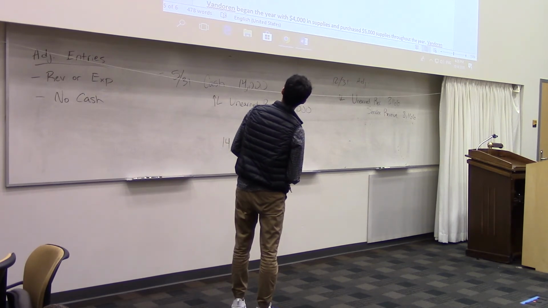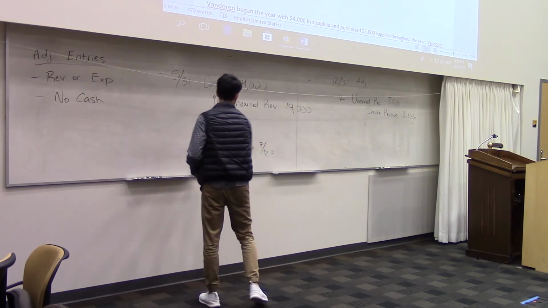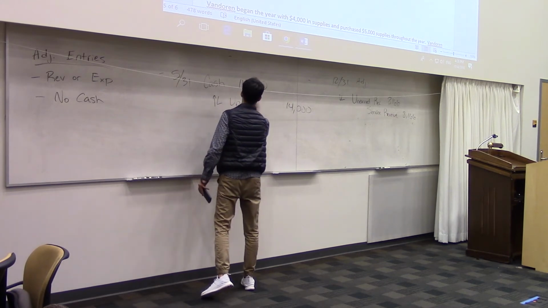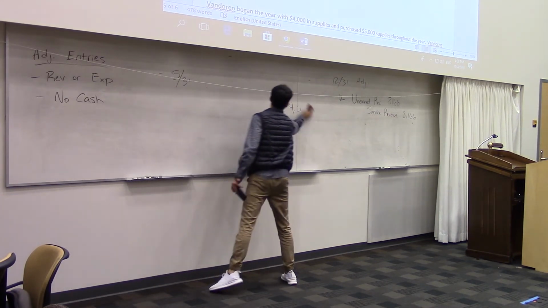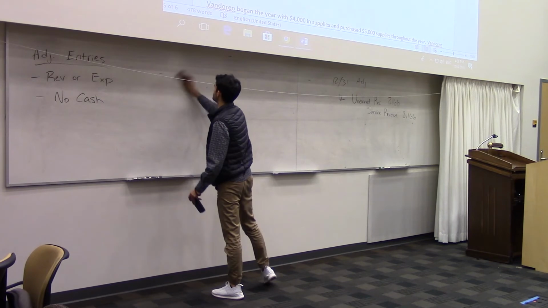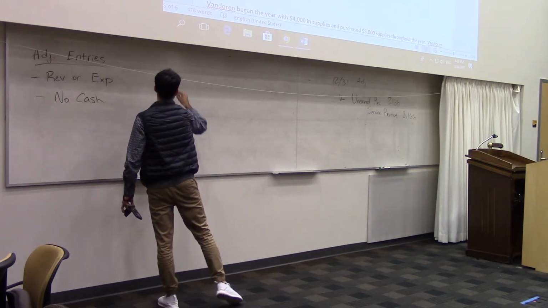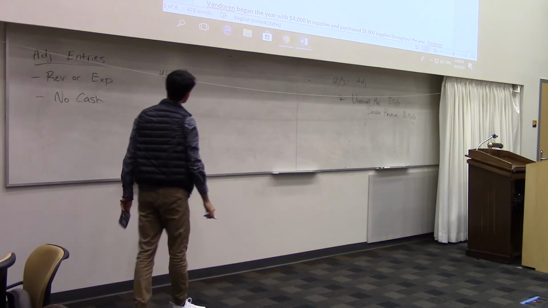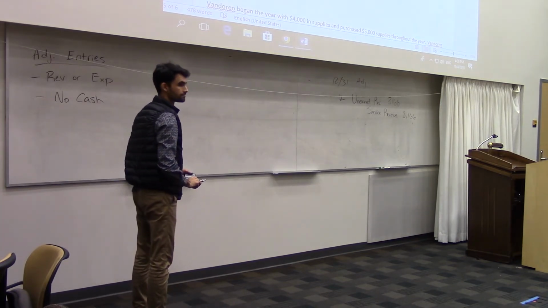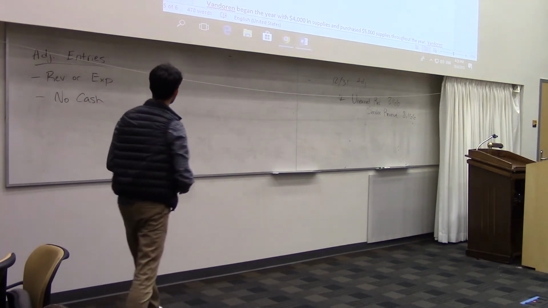We paid $20,000 for 18 months of insurance on April 1st. What's my original entry? Prepaid insurance, okay.